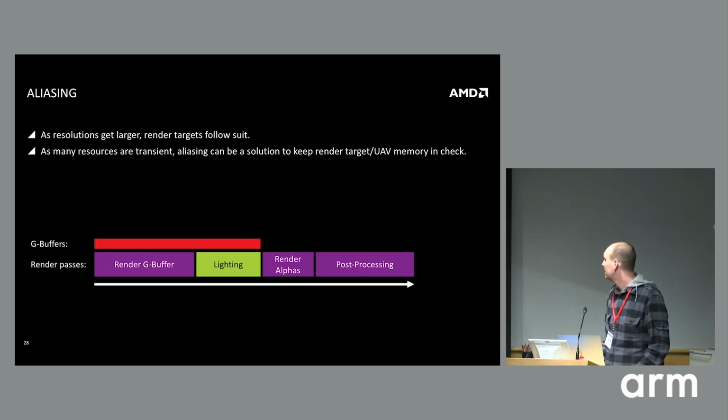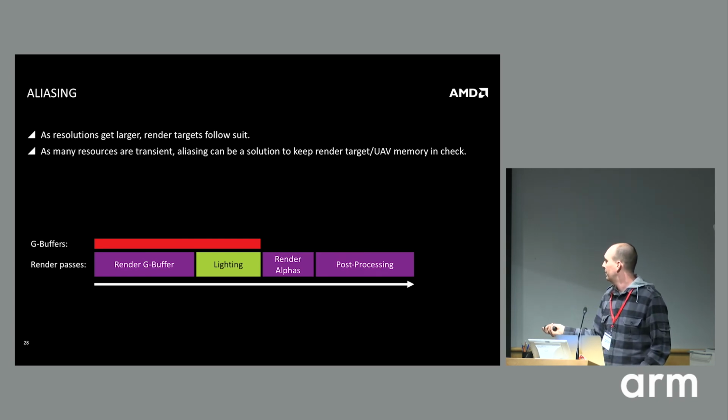Aliasing. This is a good way to actually save a bunch of memory, and the idea is that when you are finished with resources, you can reuse the memory for something else. So along this bottom axis here is time. These are different passes from some hypothetical application.